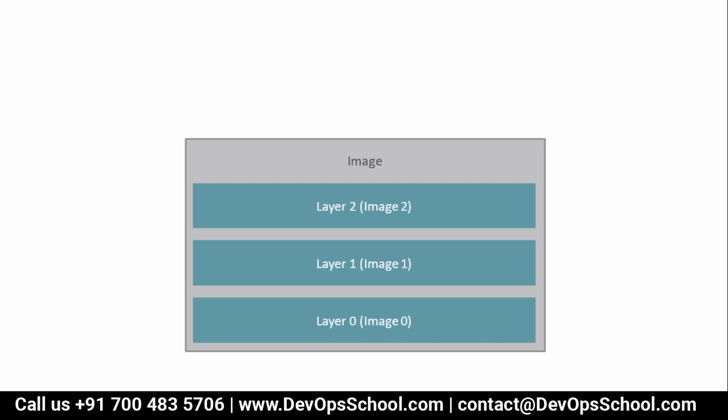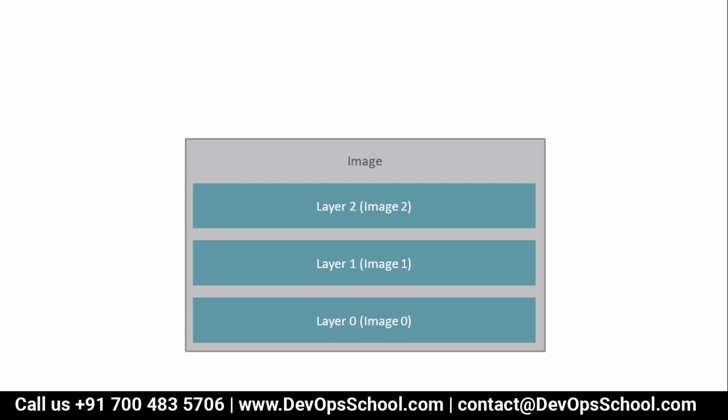From layer 1 you can also create an image, but image 1 will have layer 1 and layer 0 also. Same goes with layer 2: from layer 2 you can create image 2, and if you create a container from this image, you will have files from layer 0, layer 1, layer 2, all together.